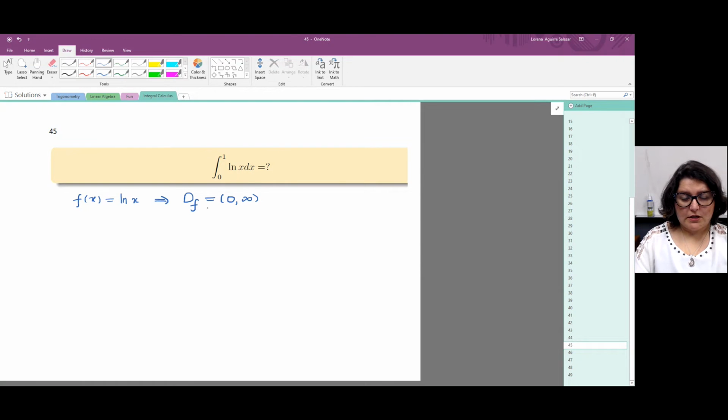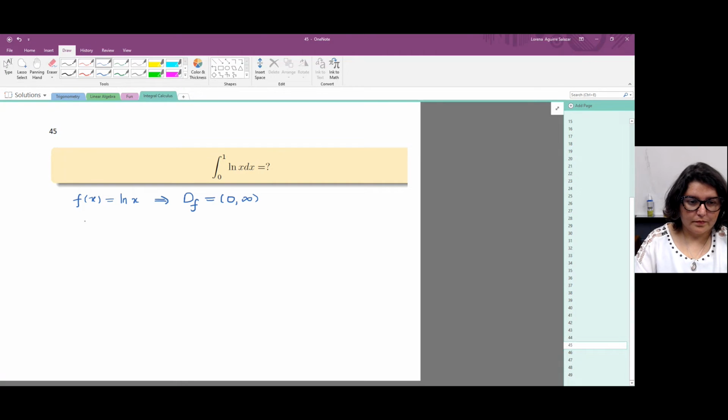Because the function is not defined at negative numbers and at 0, we can say that this integral from 0 to 1 of ln of x dx is an improper integral, because one of the bounds, the lower bound in particular, the 0, is a point outside of the domain of the function.